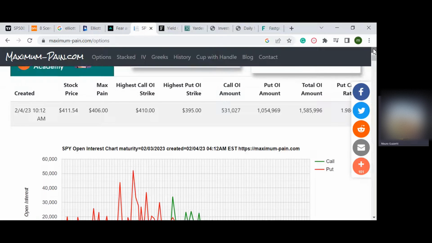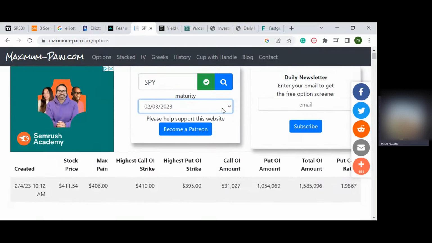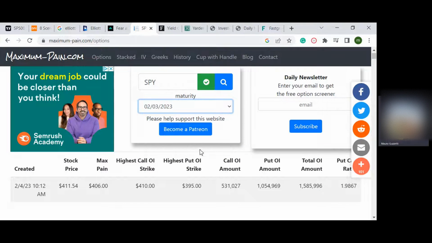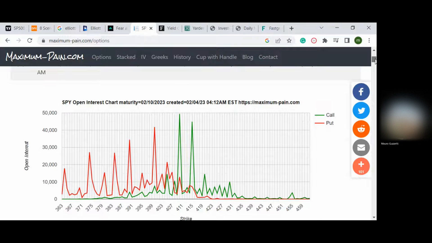So guys, what is the issue? If we look at the next weeks, for next week, that's why I believe we start the correction because there are more calls than puts. So I don't expect the market to be bullish.